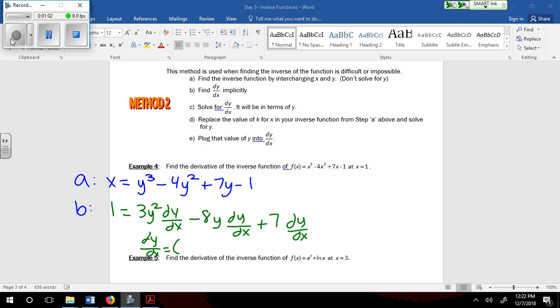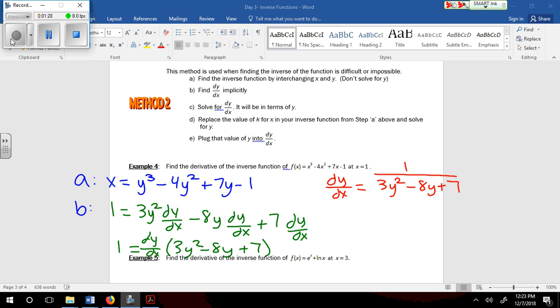So it's 3y squared minus 8y plus 7, and it's equal to 1. So we get dy dx equals 1 over 3y squared minus 8y plus 7.